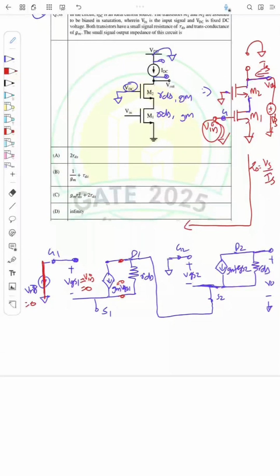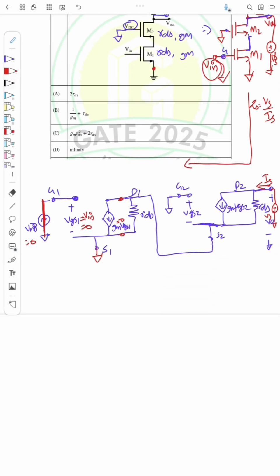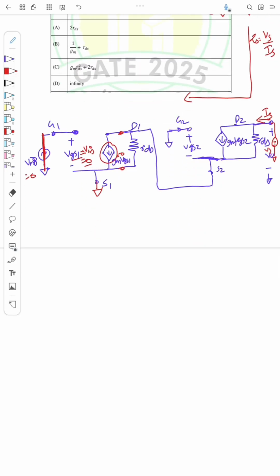One more thing, we just forgot to draw this source, right? This should be grounded. And here at the drain we'll apply the fixed voltage source Vs, and find Vs by Is. So let us redraw the circuit. Since VGS1 or Vin is 0, this I can open circuit. This source I can open circuit. So I'll just redraw the circuit. Let me draw first this portion.